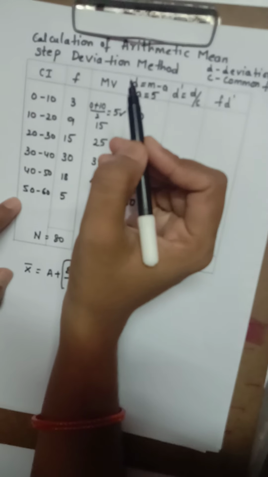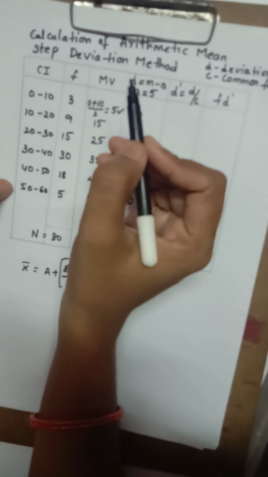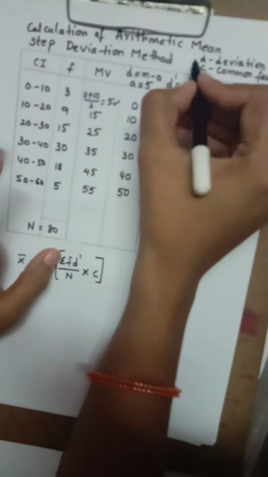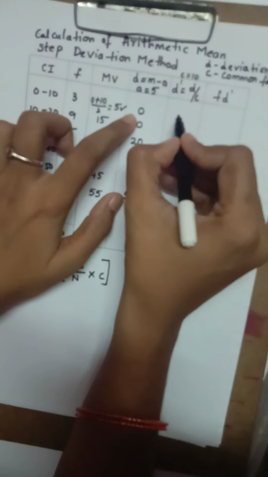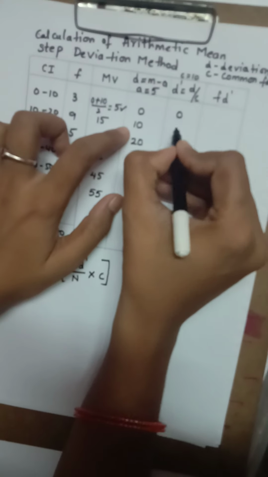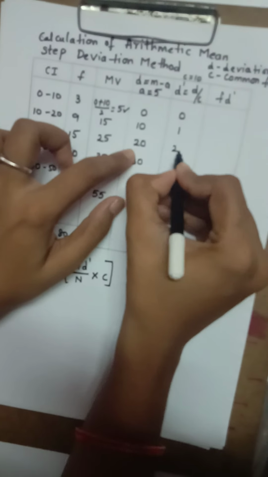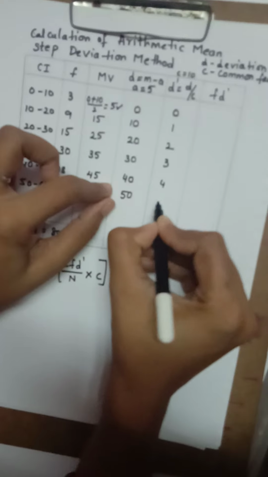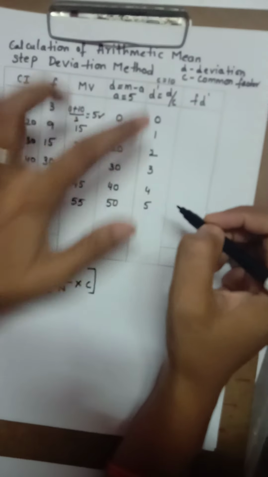So the magnitude in all the class intervals is 10. So here C is equal to 10. So 0 by 10 is 0, 10 by 10 is 1, 20 by 10 is 2, 3, 4, 5. So we got the D dash values.